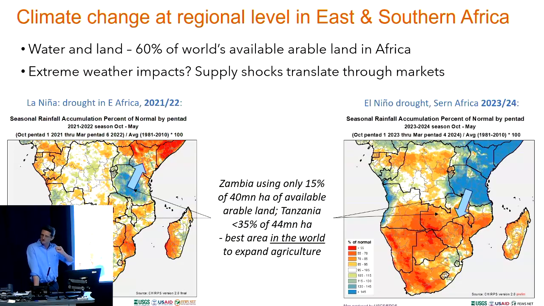There's national parks, there's areas which are wetlands, etc. Tanzania, large population, but still only farming less than 50% of the available arable land. This is the best area in the world to expand agriculture.